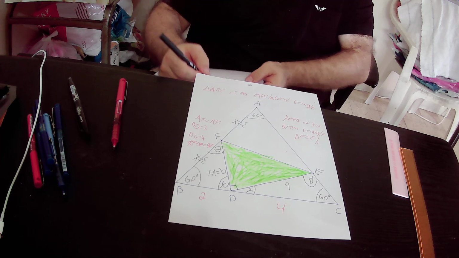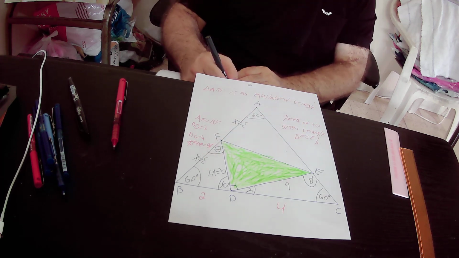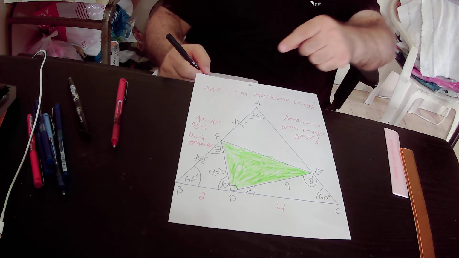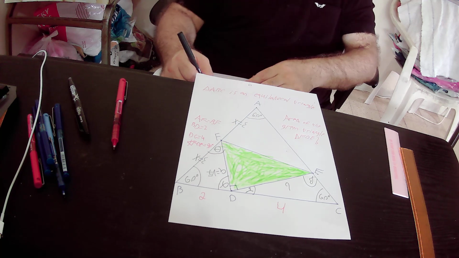According to the law of sines, FD over sine 60 degrees equals BD over sine theta.